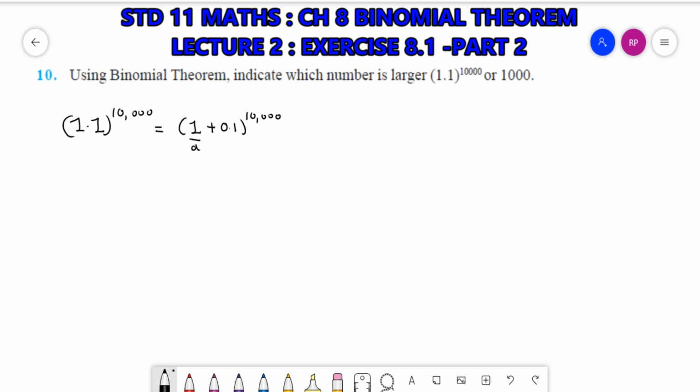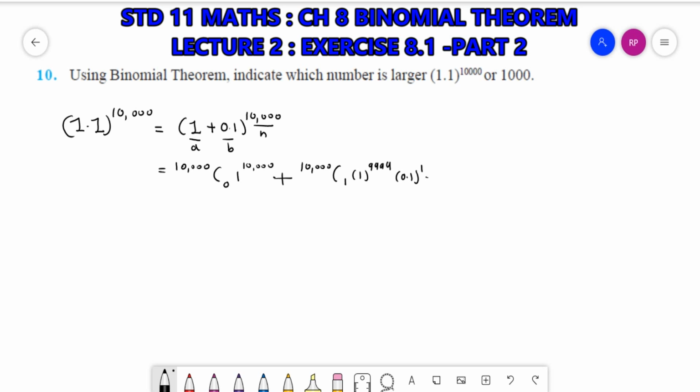So a is 1, b is 0.1 and this is n. So nC0, 10,000C0, 1 raised to 10,000. And b raised to 0, so no need to write it down. Plus 10,000C1 into 1 raised to 9999, that is 10,000 minus 1.